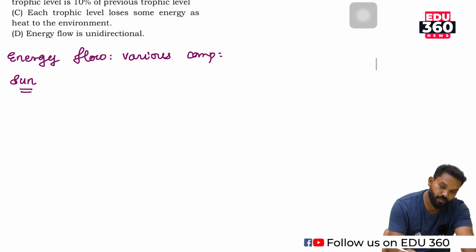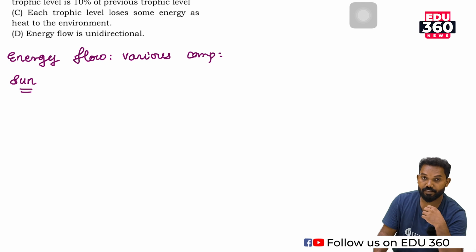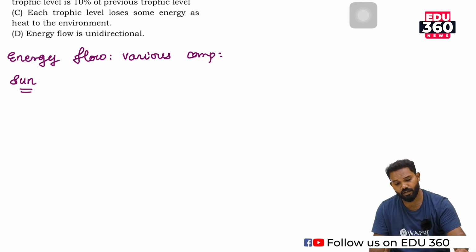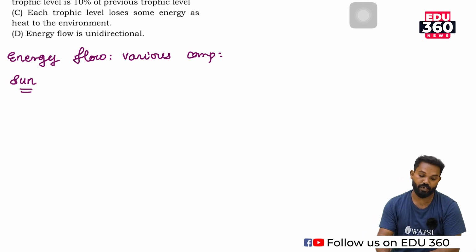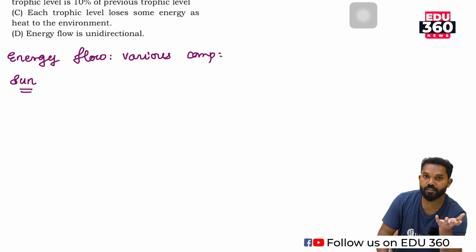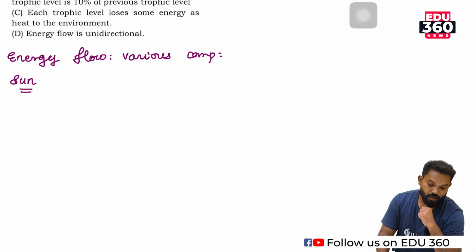That means the sun is the reason for the survival of almost all types of living organisms on earth, except some chemosynthetic organisms. Except some chemosynthetic organisms, they live in the absence of light, or they are not using the light energy, solar energy. Light is the ultimate source.